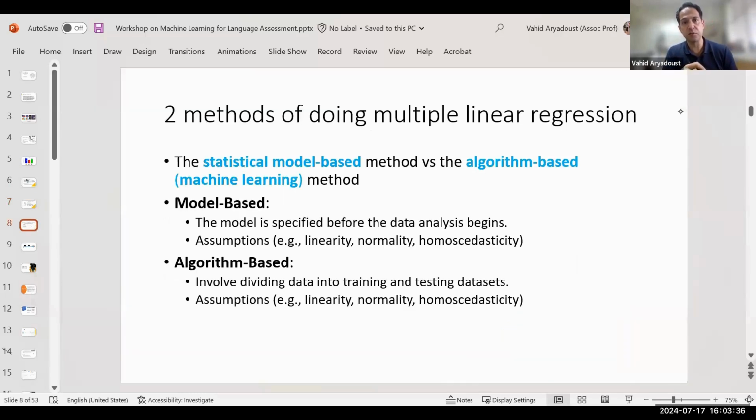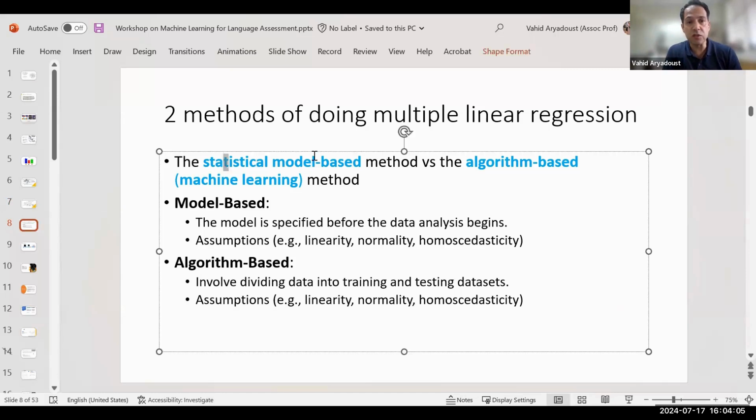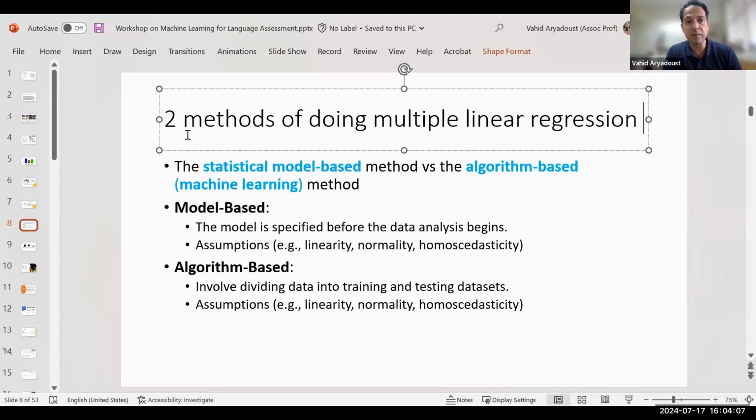So let's move on to the rest of the story, which is doing regression in two different ways. And I guess this is a very interesting discussion because, as far as I'm concerned, the overwhelming majority of papers that are published in language assessment, second language acquisition, applied linguistics, if not all, are using statistical model-based methods.